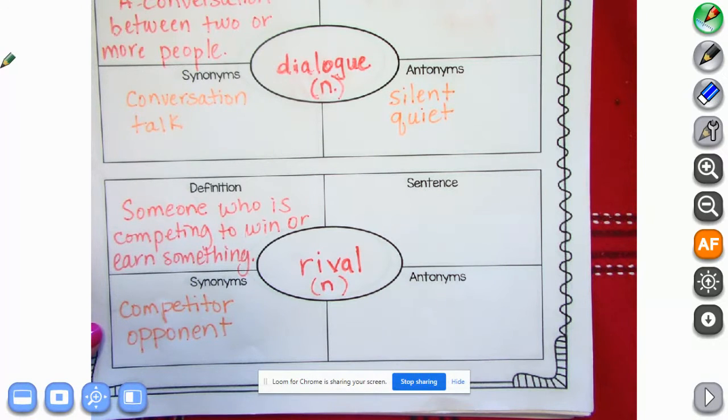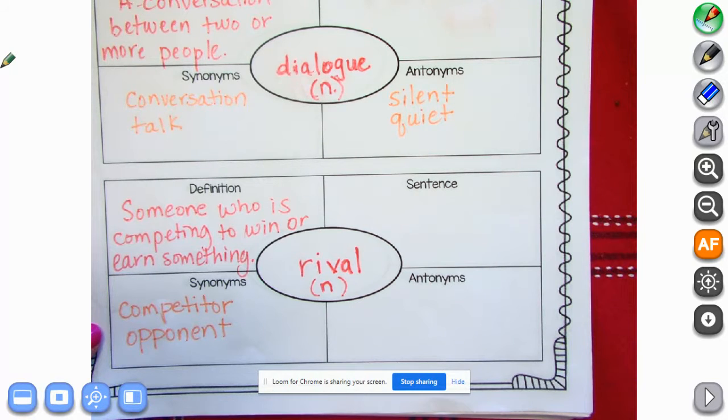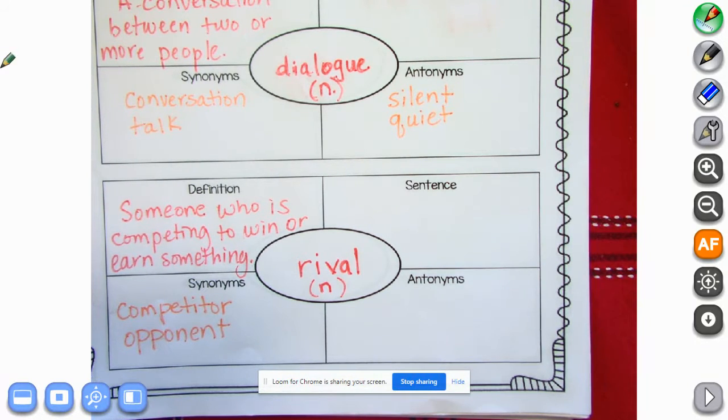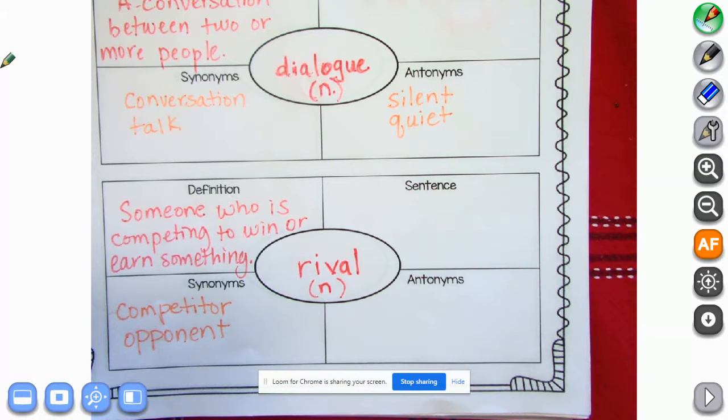It just means someone who is trying to get something and you're trying to get something. So you're trying to compete to win. They might be your opponent, but that doesn't mean they have to be enemy. Enemy is a more hateful kind of way to add attitude towards a rival. We don't want to be like that. We can just have an opponent and it helps us work hard to try to get what we're aiming for.